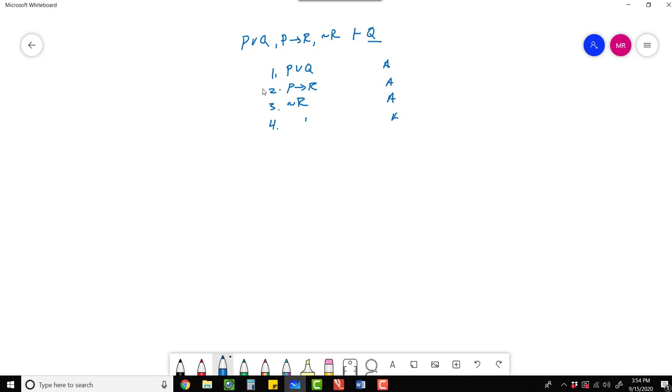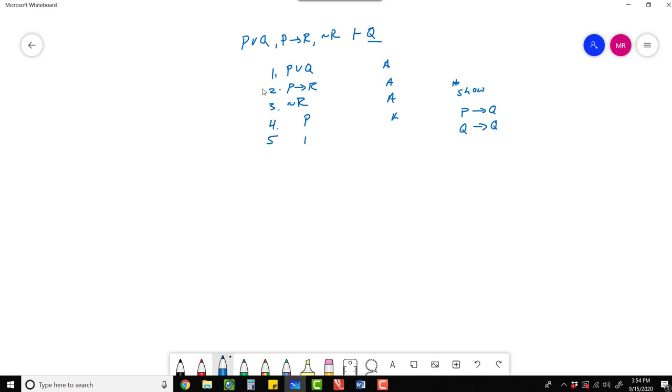I'm going to hypothesize P in order to show if P then Q, and then later I'm going to show if Q then Q, which is not very challenging. So how am I going to show if P then Q?